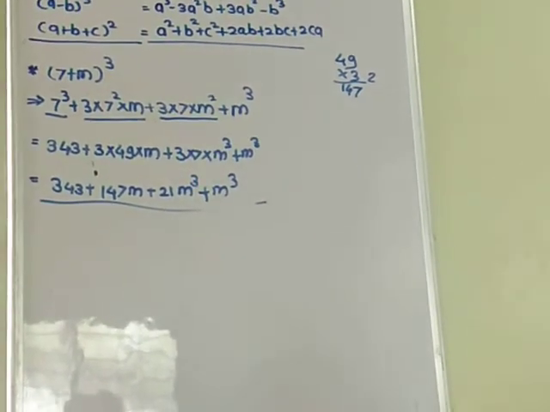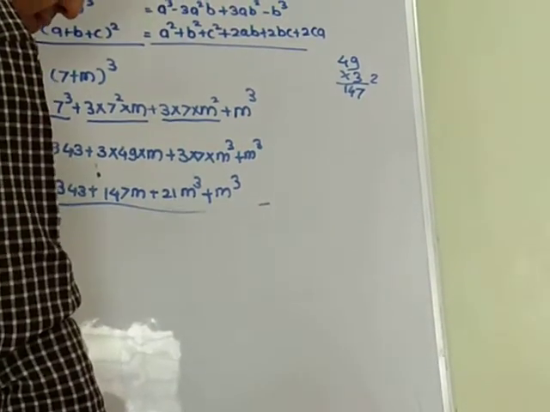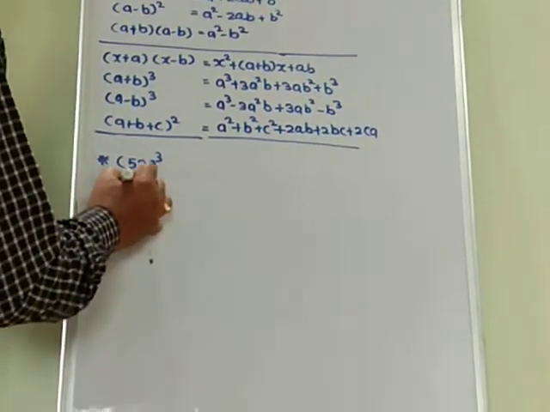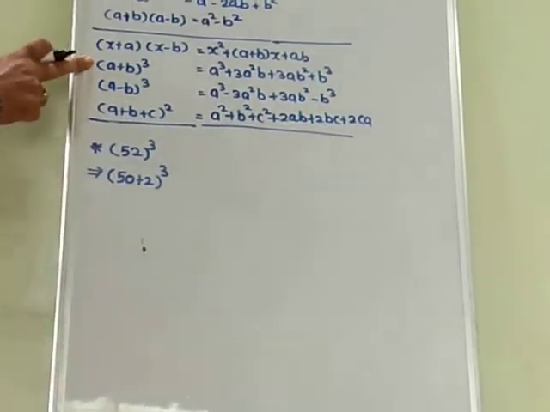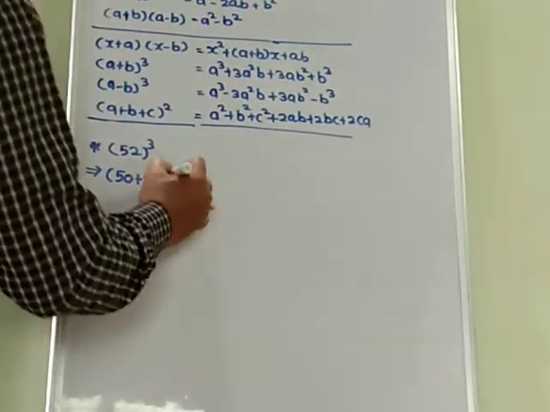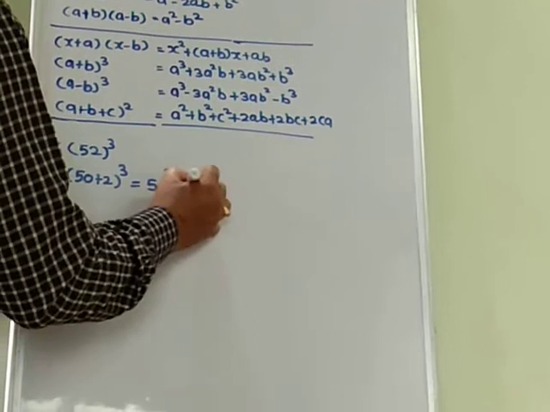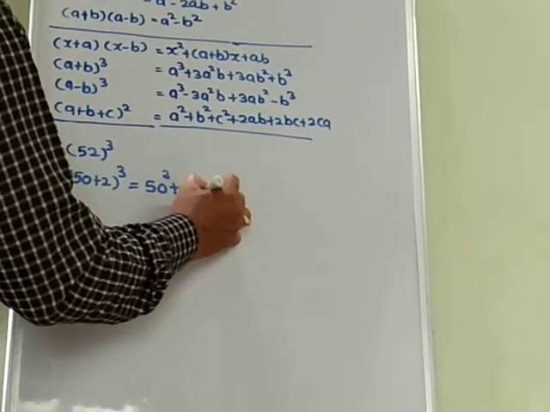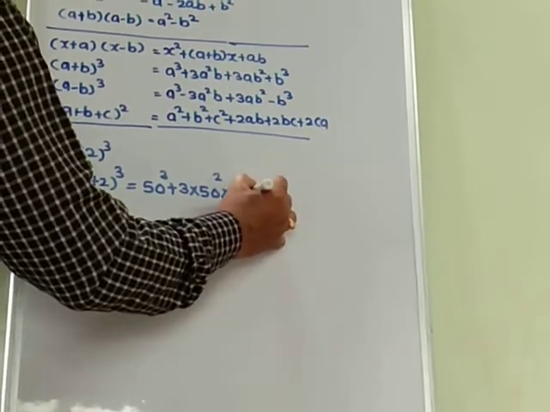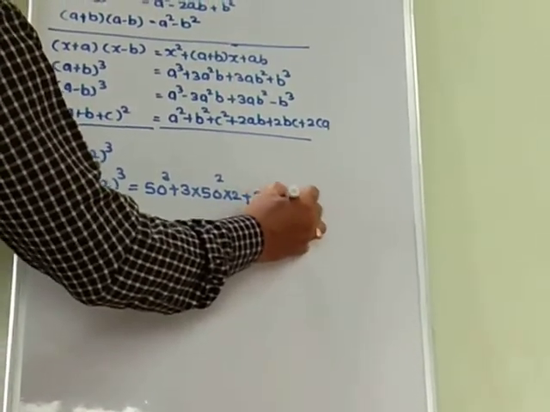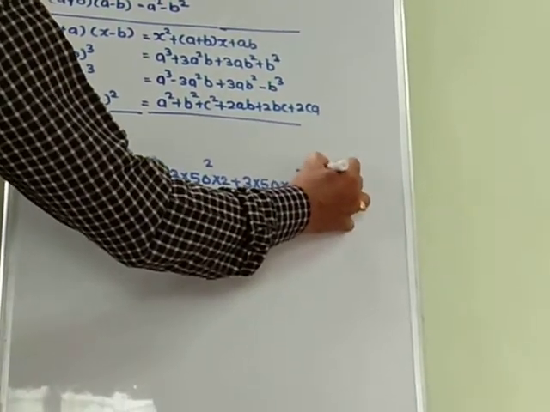Okay, now another example regarding the second formula. 50 plus 2 bracket cube, that is a plus b bracket cube. Similarly, first term cube plus 3 into first term square into second term plus 3 into first term into second term square plus second term cube.